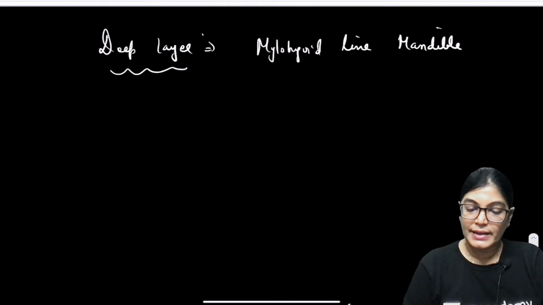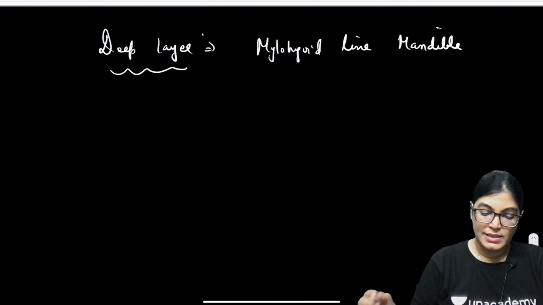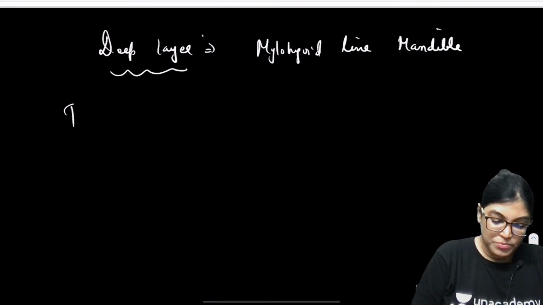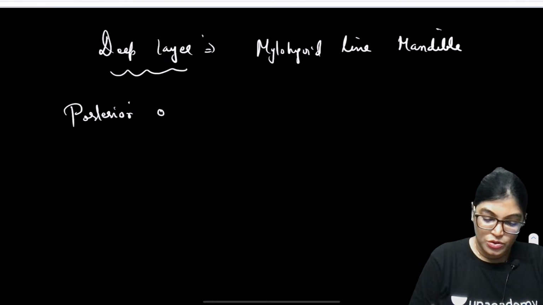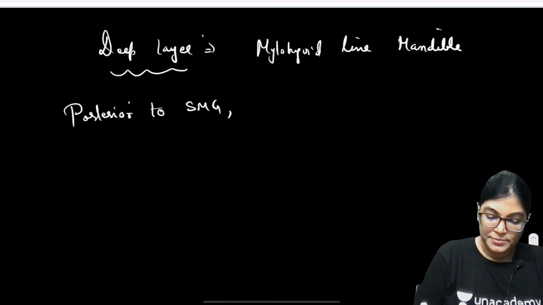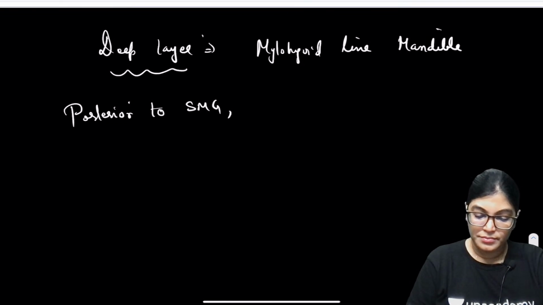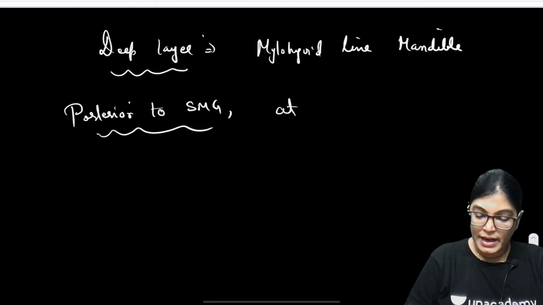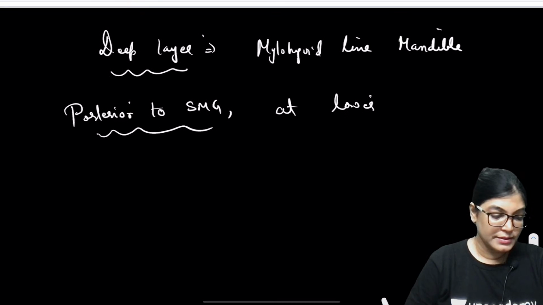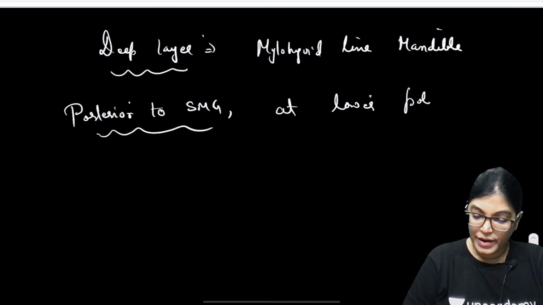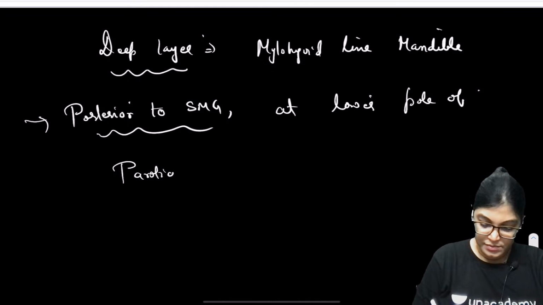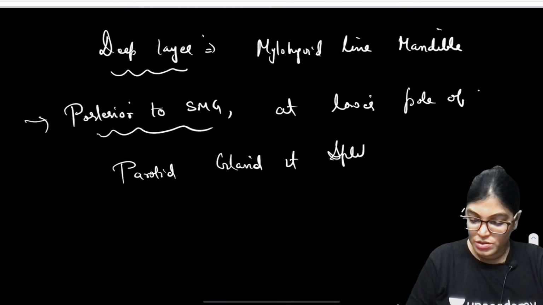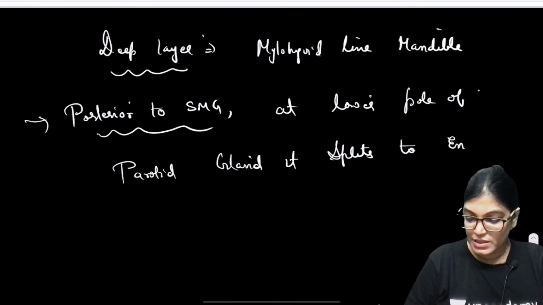So, mylohyoid line of the mandible, it is attached, deeper aspect. And posterior to submandibular gland, at the lower pole of parotid gland, it splits to enclose parotid gland also.